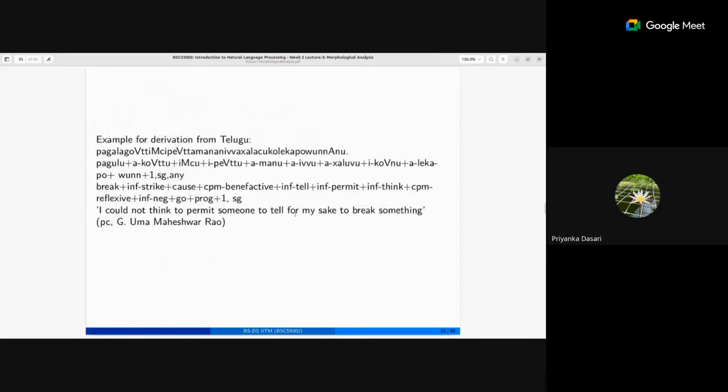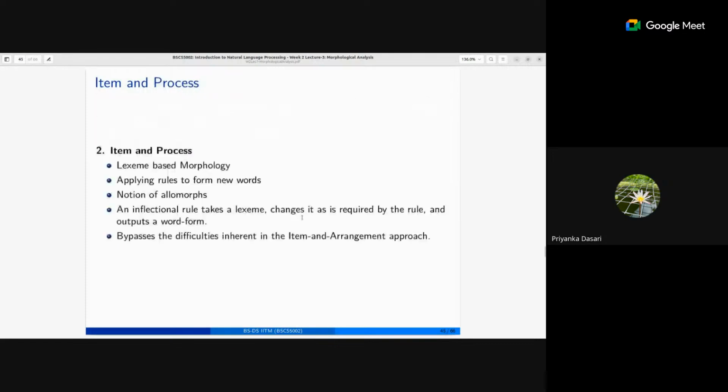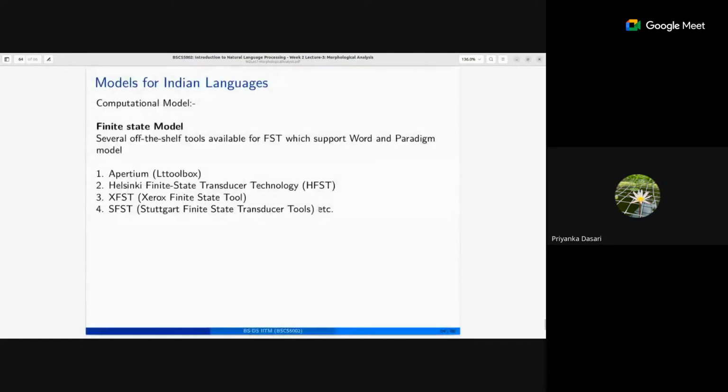There are other topics also here, FSA and FSTs. I thought of giving you some more references. These sites have proper explanations. I'm sharing the links of these sites.